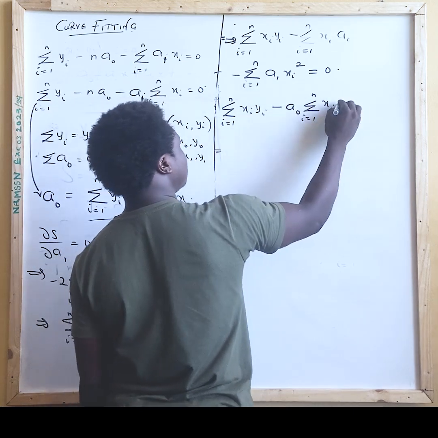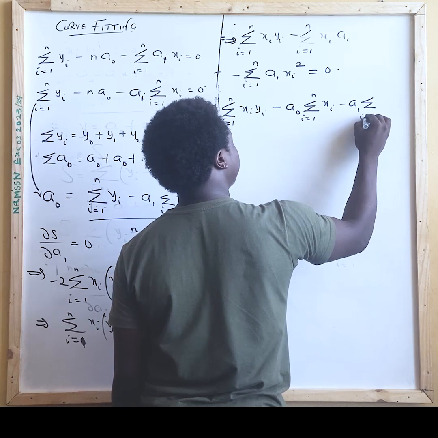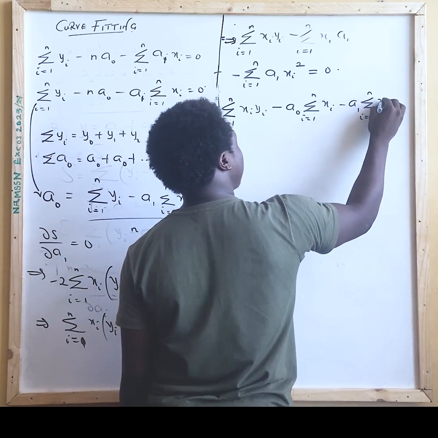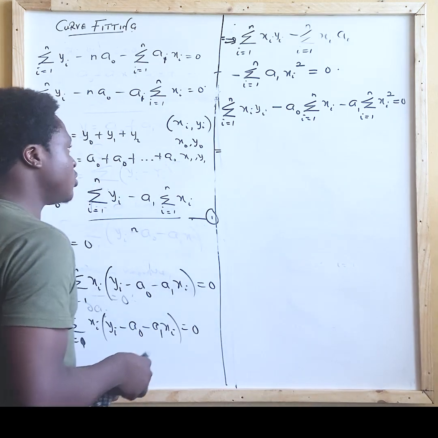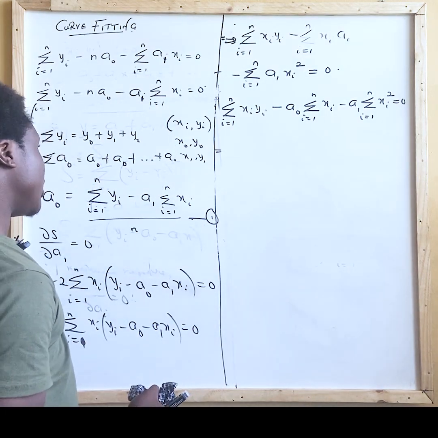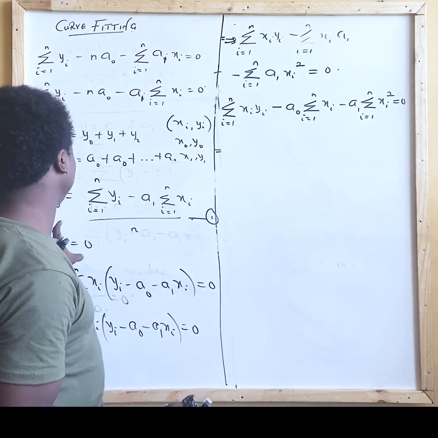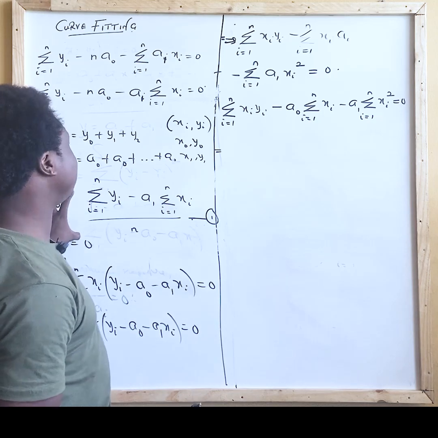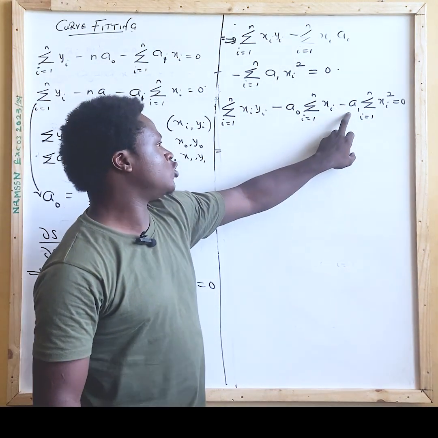This one is the same thing, minus a1 summation i from 1 to n xi square, everything equal to 0. Now we already know what a naught is in terms of a1. So why don't we bring this inside this place, so that we can remove our a naught and get what a1 should be?